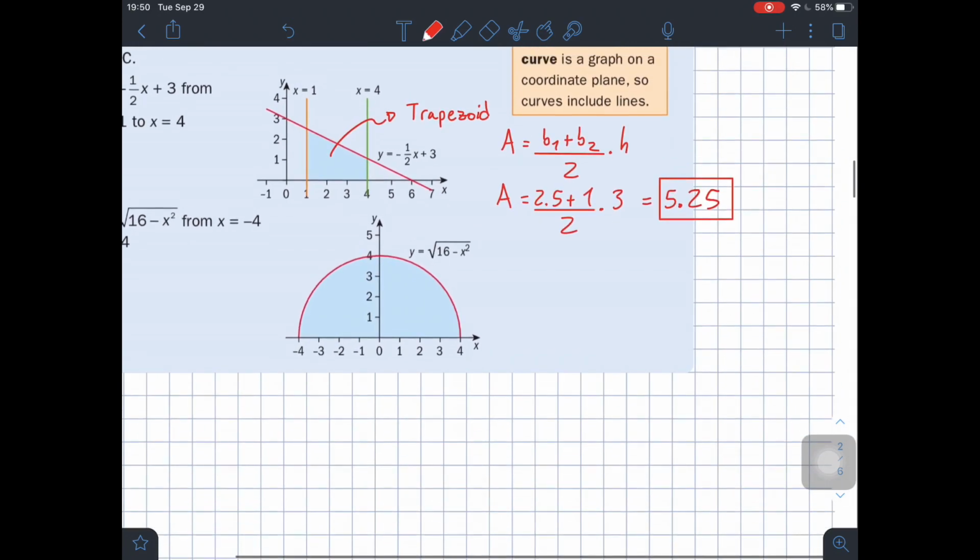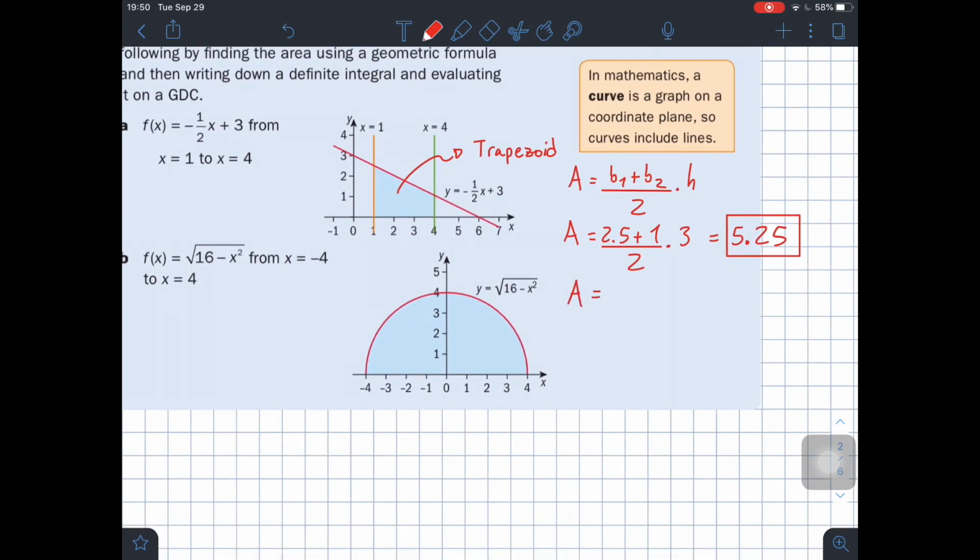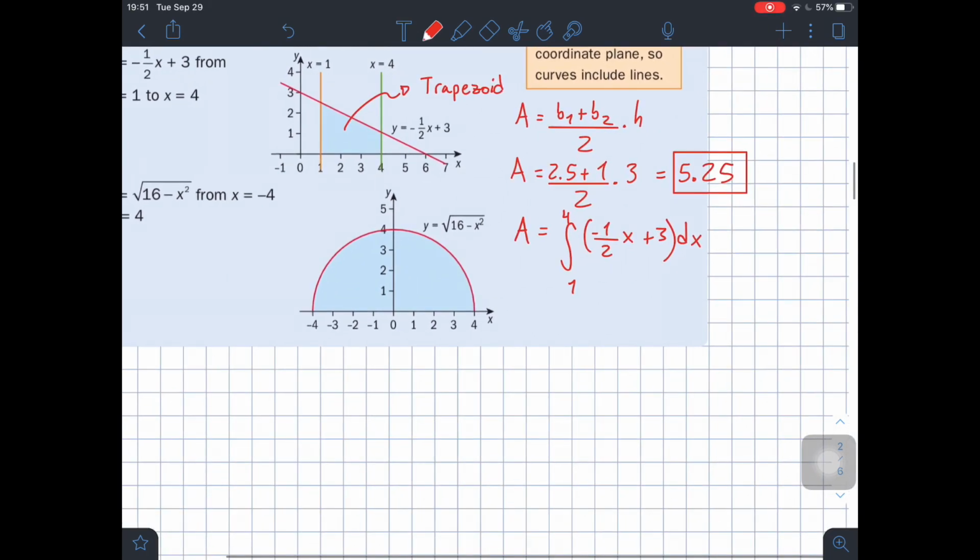But now let's find the area using the integral rule. We can say that the area of this trapezoid is the integral from, we need to define our x boundary, from 1 to 4, of the function, which is negative 1/2 x plus 3, with respect to x. So let's use the GDC. Let me show you.